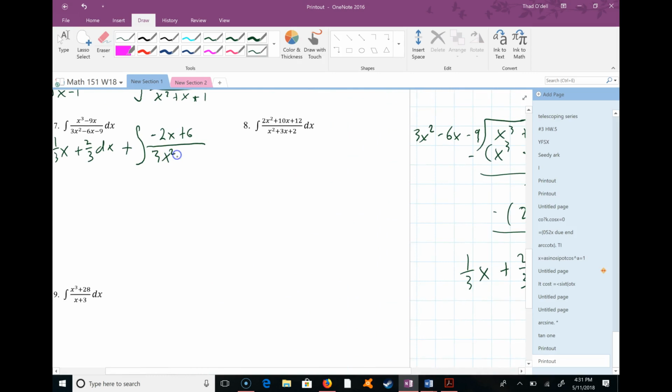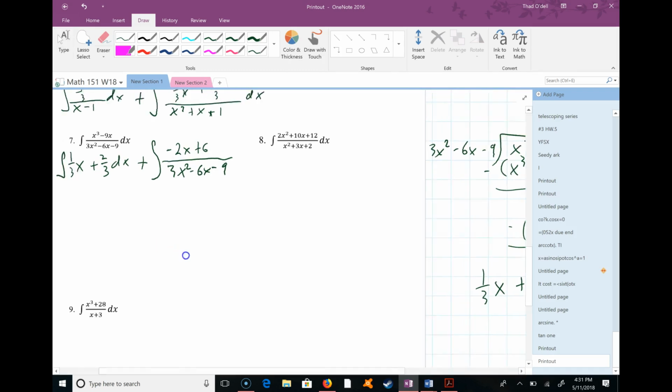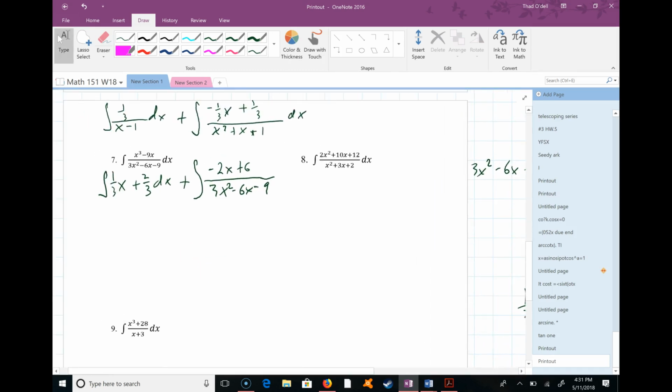Now, the first integral we can do, it's just a simple power rule.